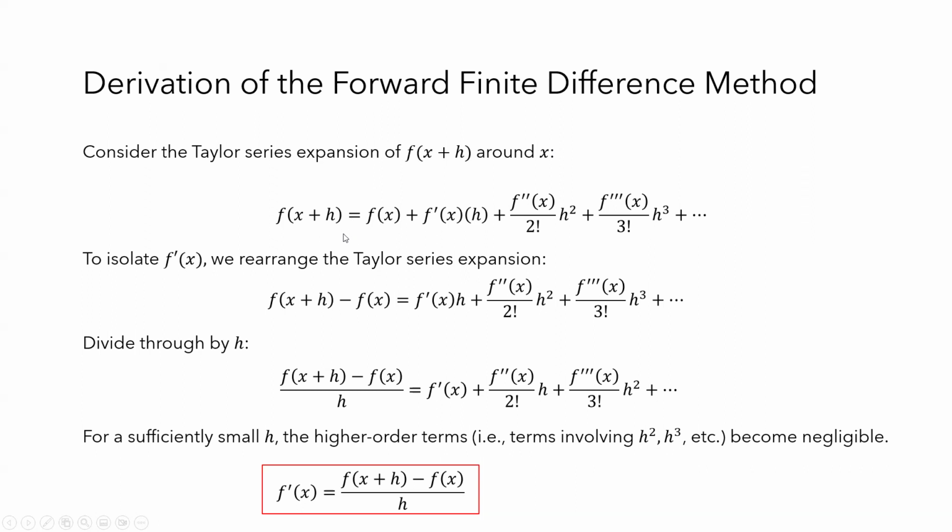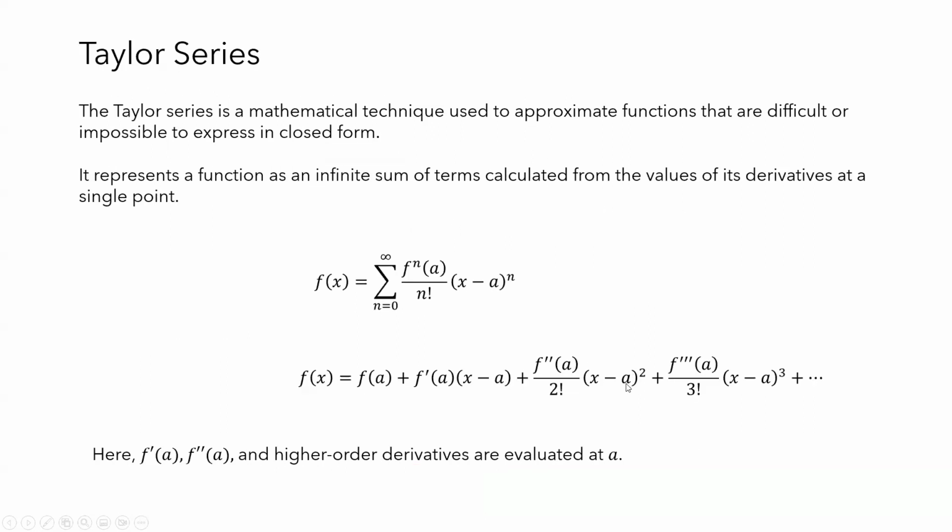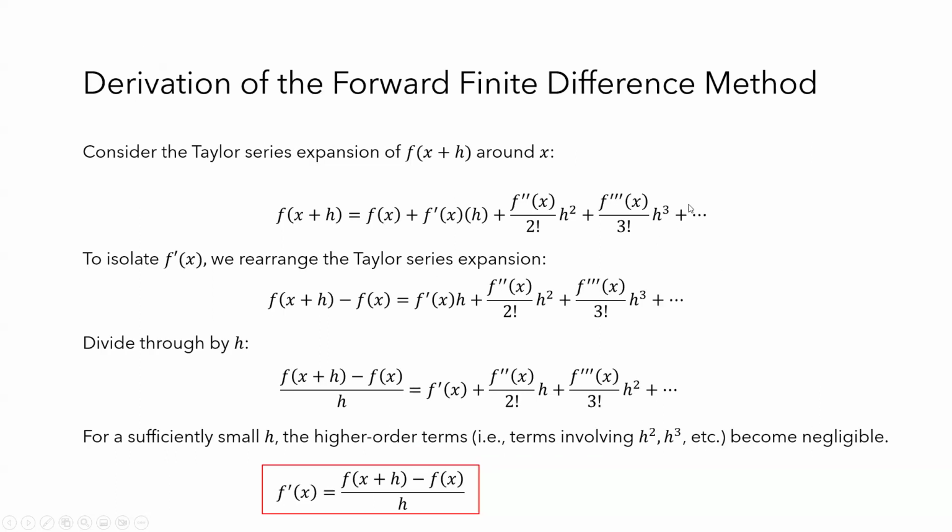So if I write it in this way, I get h instead of x minus a. So a is x now, x is x plus h, therefore h is equal to x minus a. So I'm getting this expression.